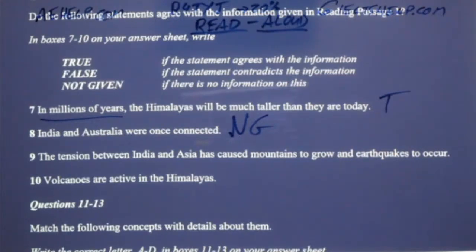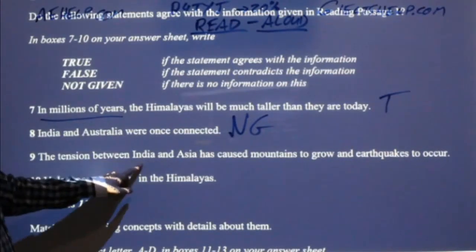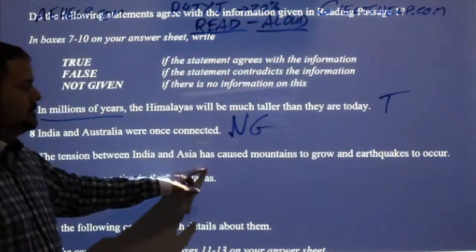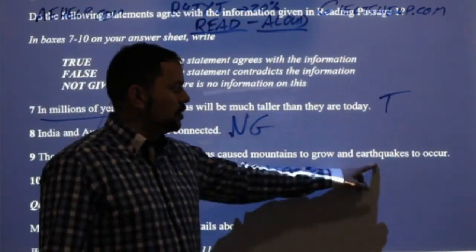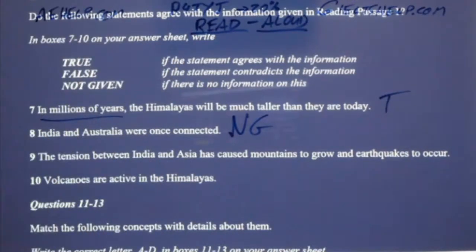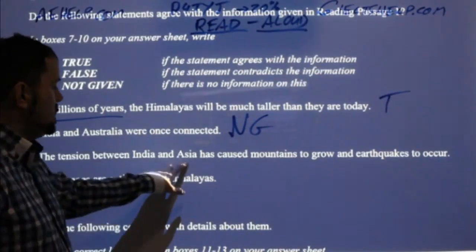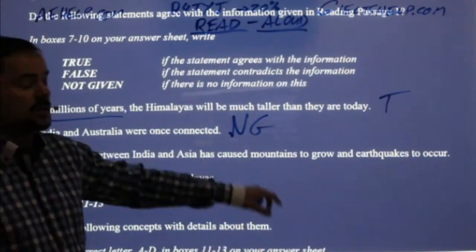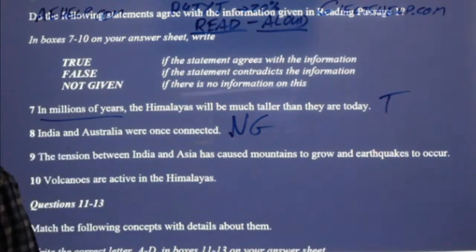The tension between India and Asia has caused mountains to grow and earthquakes to occur. Is it important for the text? Yeah, it is. Is it true that this tension, this pressure between India and Asia, has created mountains and earthquakes, for number 9?